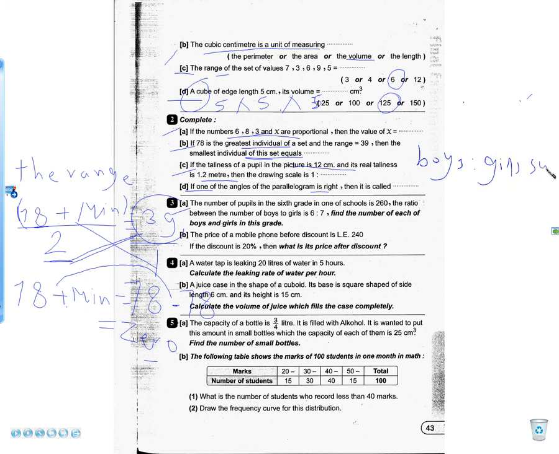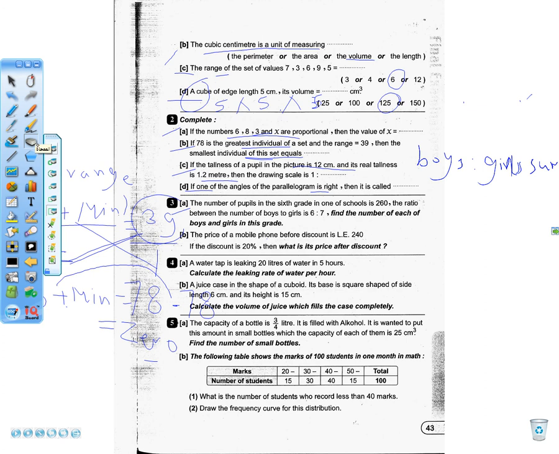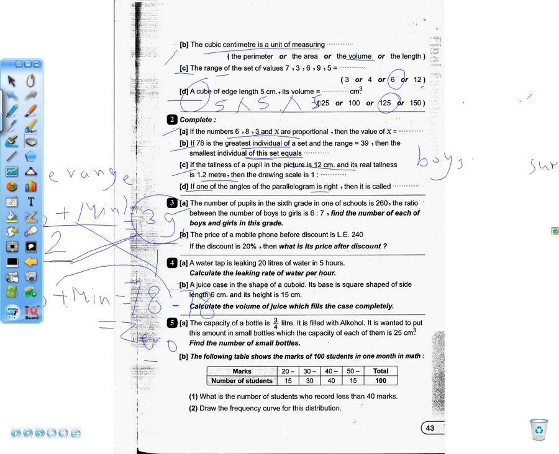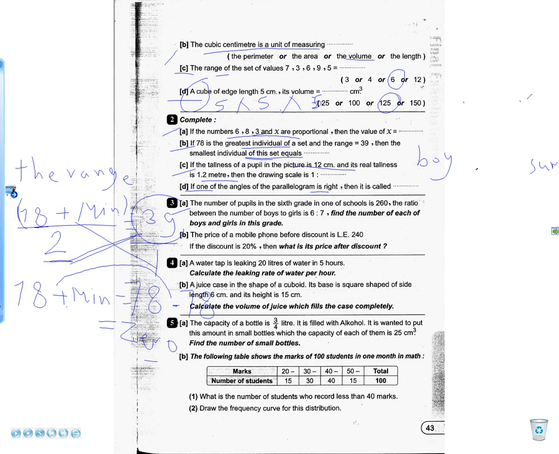and then we write the sum. Excuse me, we have bad handwriting. Boys is 6, girls is 7, and the sum of them is 260.